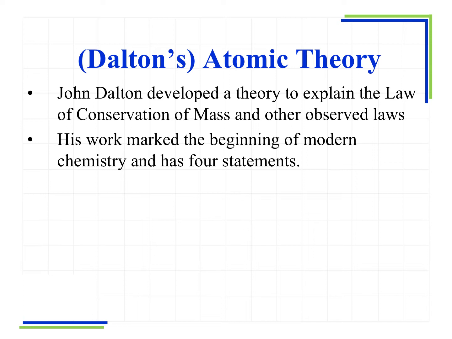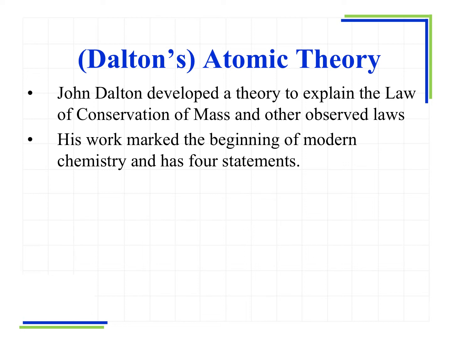His work was actually the beginning of modern chemistry, the modern definition of the atom. Before that, there was no definition for the atom. They were just doing chemical reactions, just mixing things, and what they always observed was that the mass of the starting material was always the same as the mass of the product. There was no difference in the mass.